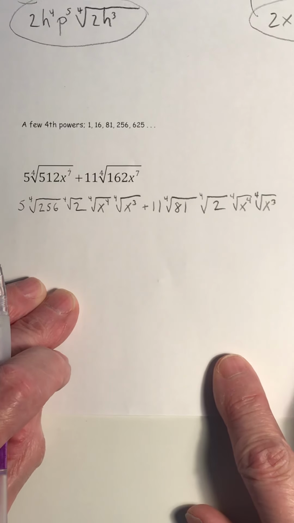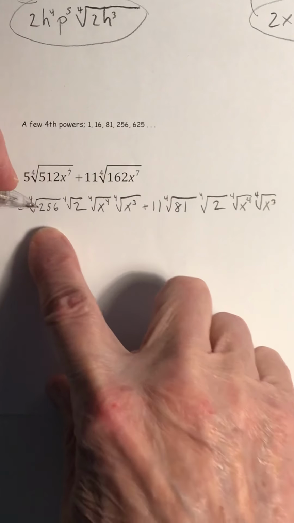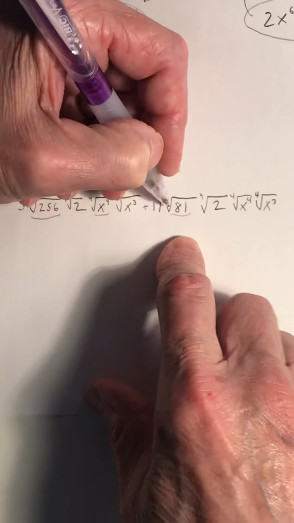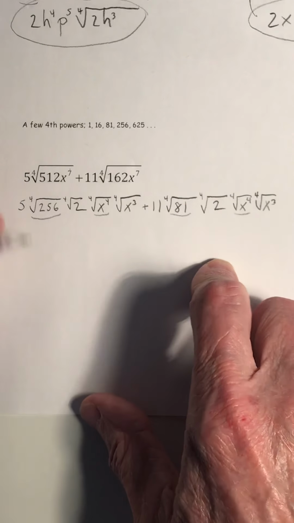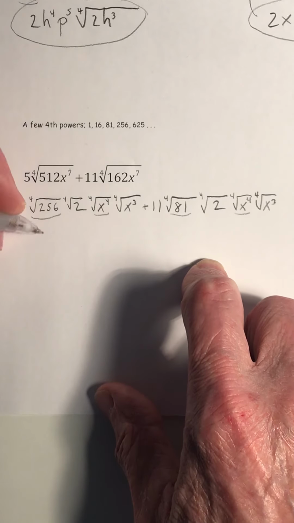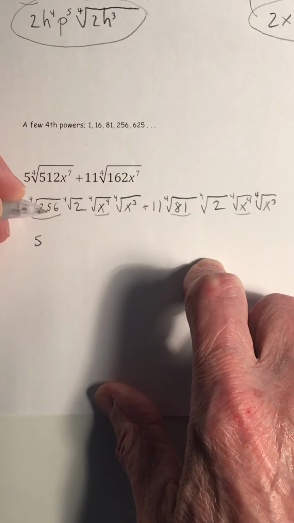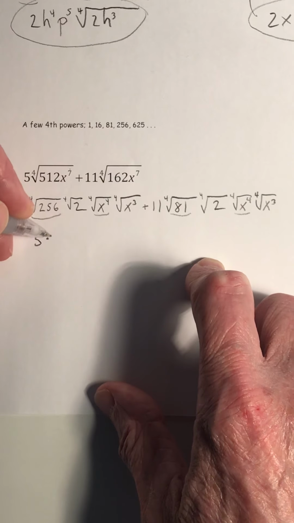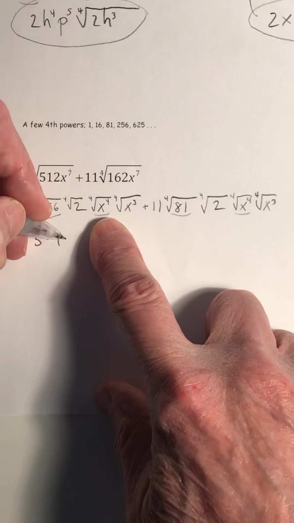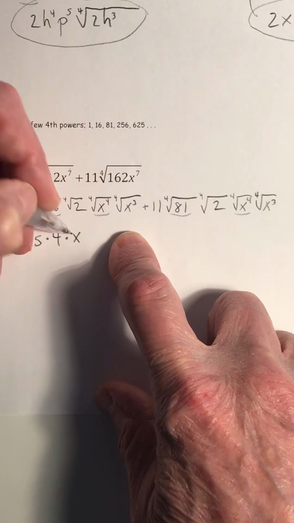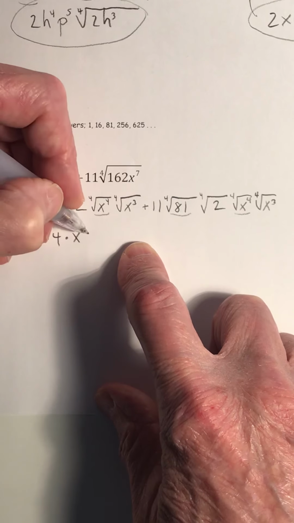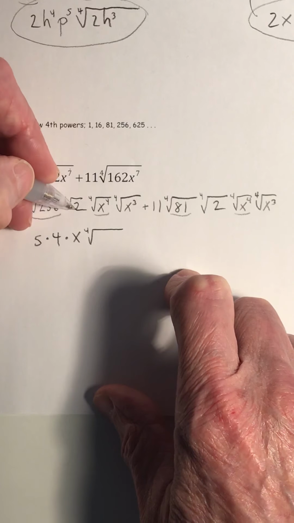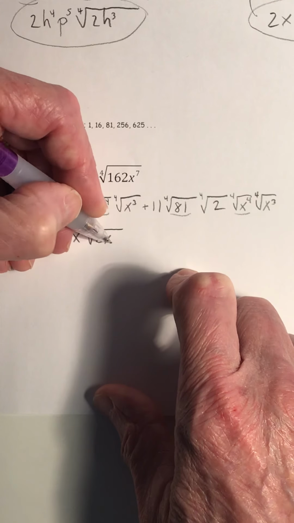Lengthy exercise, eh? So, this is going to change, and this is going to change, and this is going to change, and this is going to change. What do we have now? 5, and 256 is 4 to the 4th power, so that's 5 times 4 times x to the 1st, and what we have remaining under the fourth root radical is a 2 and an x cubed.